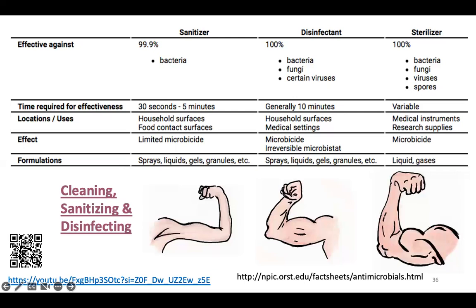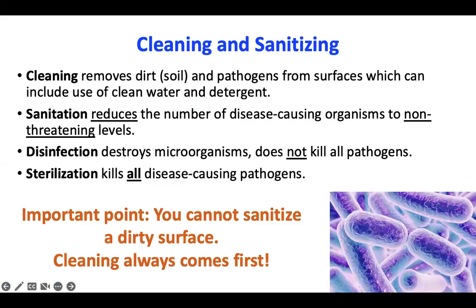Here I also have a little video. There's a QR code that explains what cleaning, sanitizing, and disinfecting are. It was produced by the extension office, so they talk about produce safety. If you want to learn more, you can click the video to check.